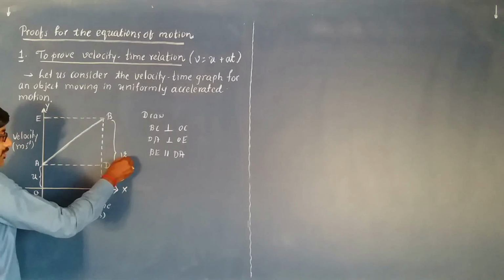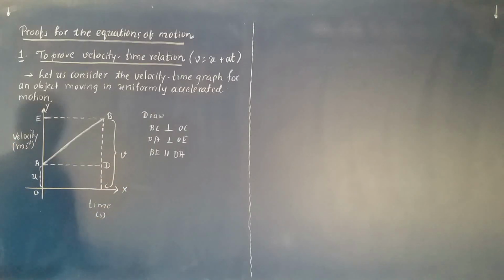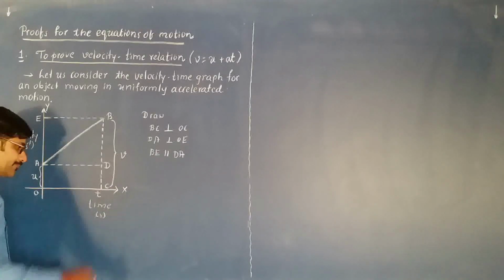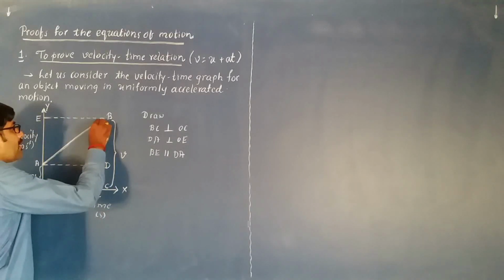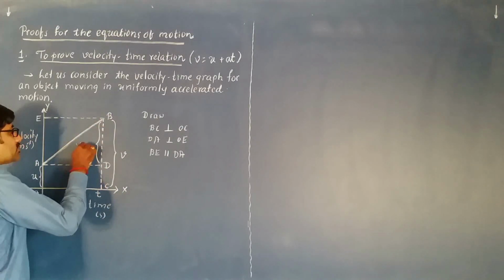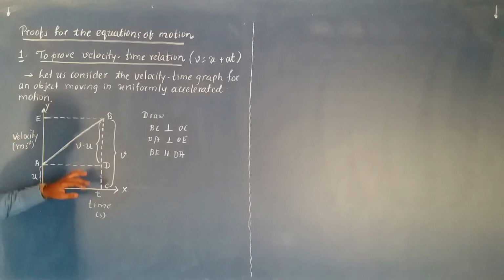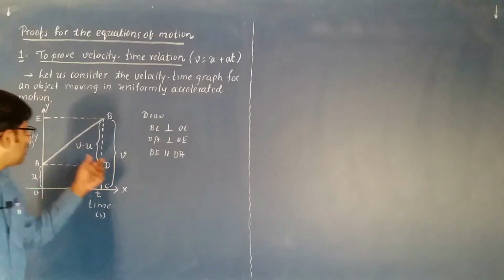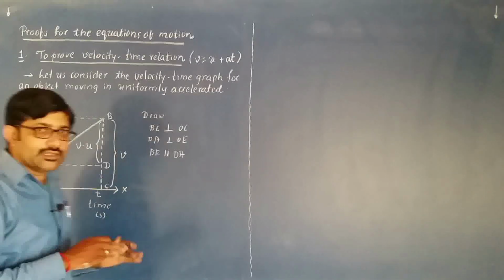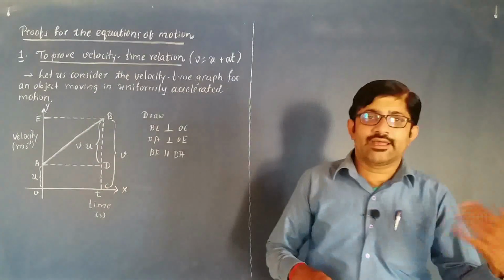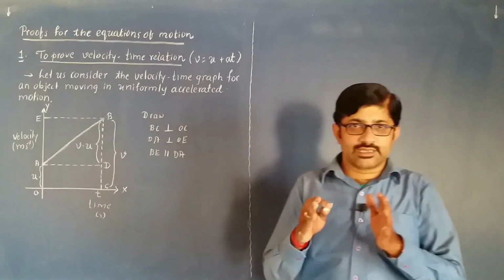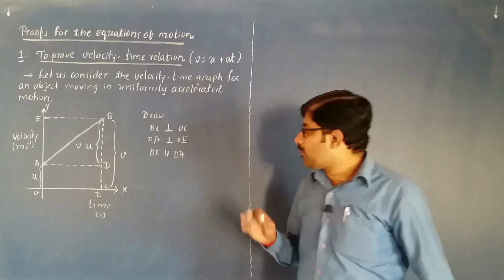BC is our final velocity v, and you can take this point O to C as your time t, and you can rewrite this portion BD as v minus u. I will tell you how v minus u appears. So these are the initial velocity, final velocity, and time, along with the difference between the final and initial velocities.